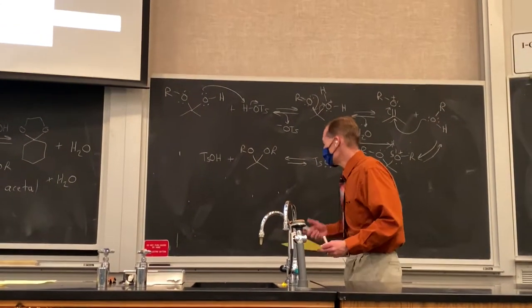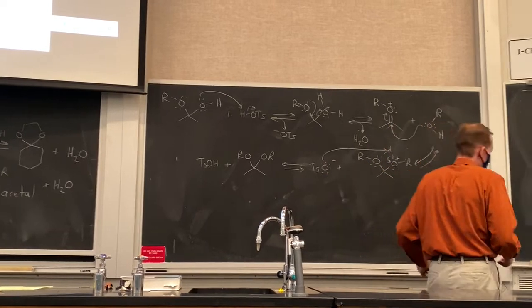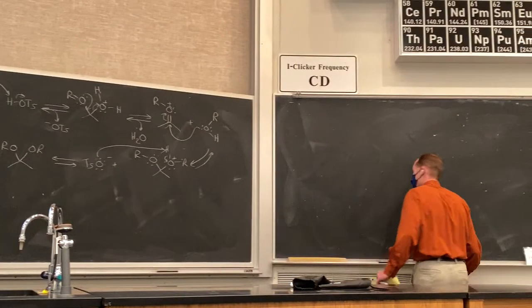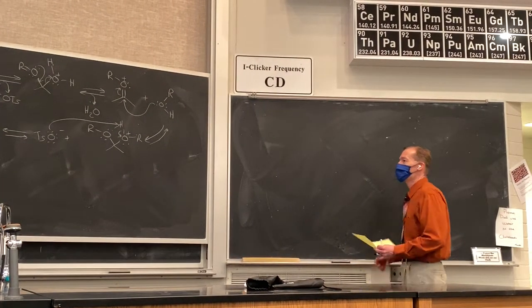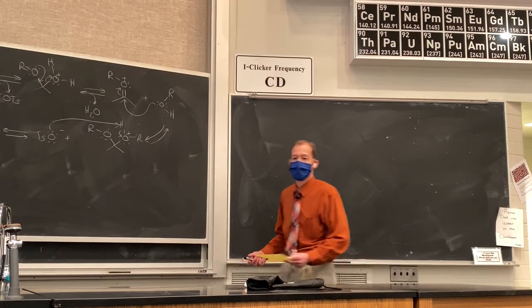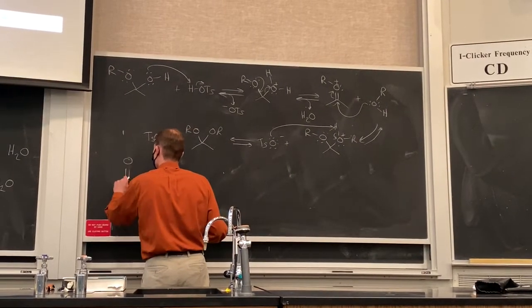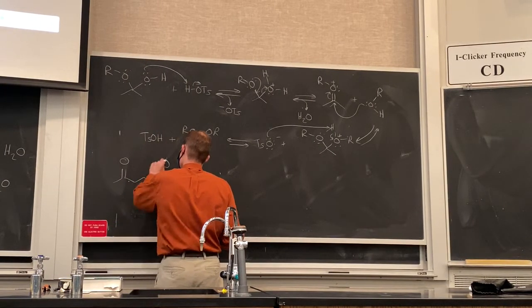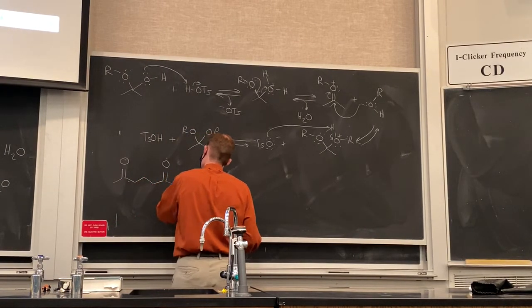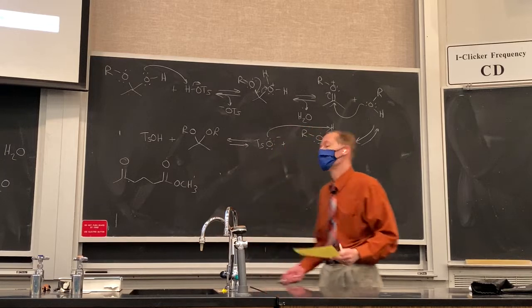So the utility of our acetals is primarily as protecting groups for aldehydes or ketones. So let's say we have a molecule that has an ester and a ketone in it.